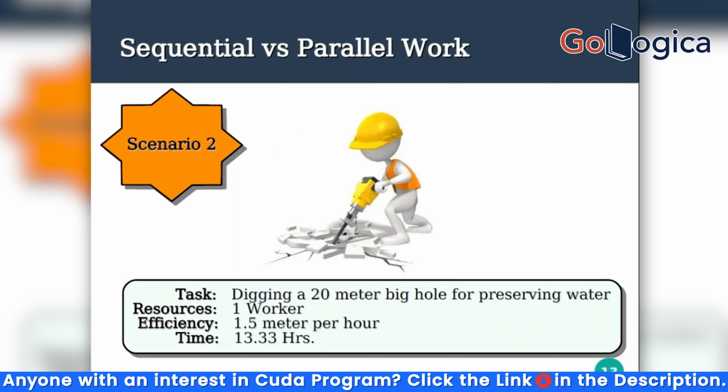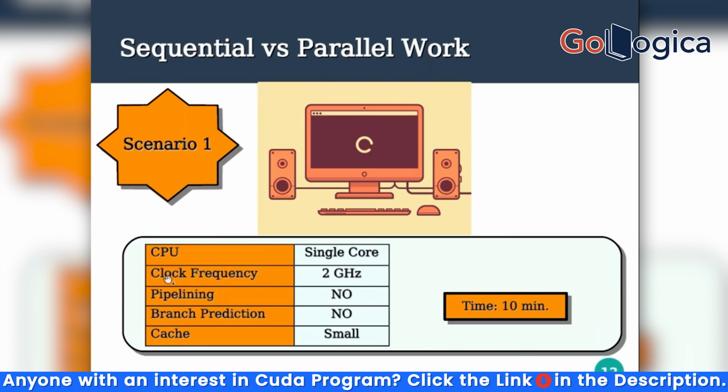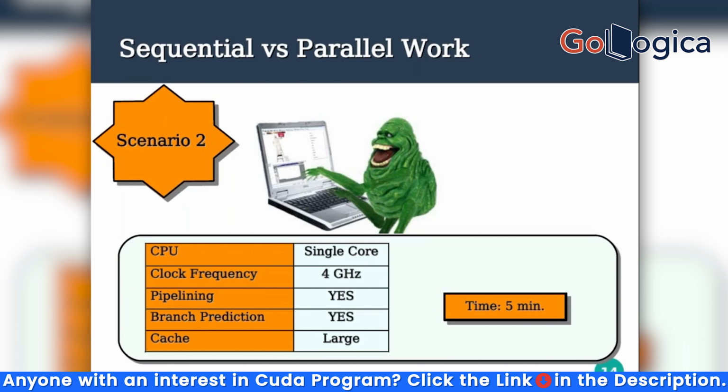If you compare with scenario one, there we had a 2 gigahertz clock frequency, pipelining was not there, branch prediction was not there, and cache size was small. Now we improved the efficiency by upgrading the resources, but the single core remains as it is. We just improved the remaining parameters.